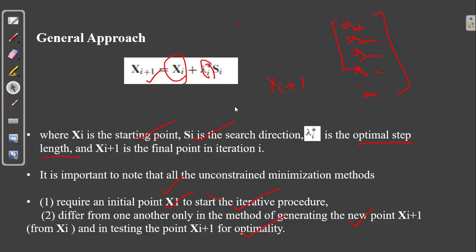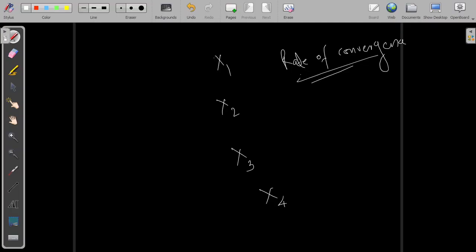So x1 ൽ നിന്നും x2. So നമ്മുടെ എക്സ്പെക്ടേഷൻ എന്താണ്? x1 initially നമുക്ക് തന്നിട്ടുണ്ടാവും. Then we found x2 such that f of x2 is less than f of x1, and then we found x3 from x2 and direction s2 and lambda 2 star. Then x3 we have found.